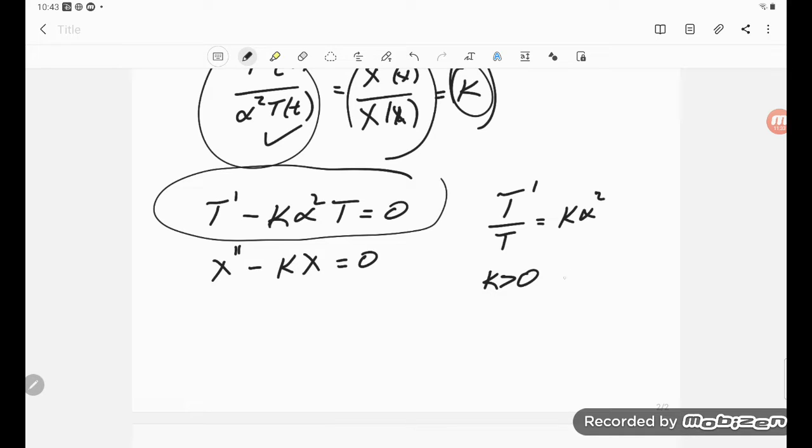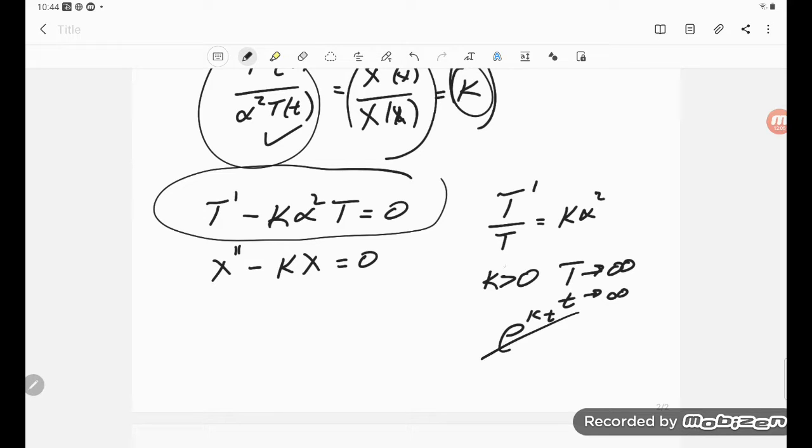And so this would have T going to infinity as little t goes to infinity, because again we would have e to the kt here. And that doesn't really make sense for our physical situation, right? We've had these things that we've intuitively looked at and said they go to some steady state solution.